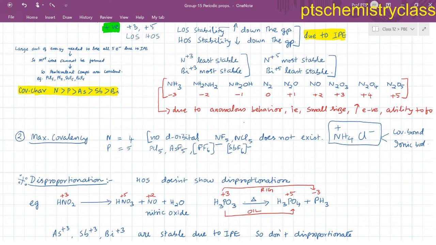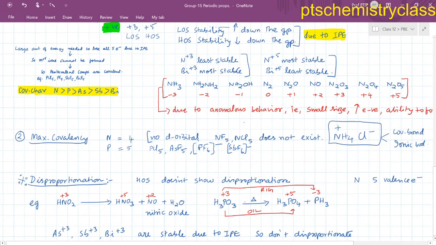Now we will see what is lowest and highest. It is different from LOS and HOS. I will tell you what it is. Suppose we take nitrogen, you have 5 valence electrons.